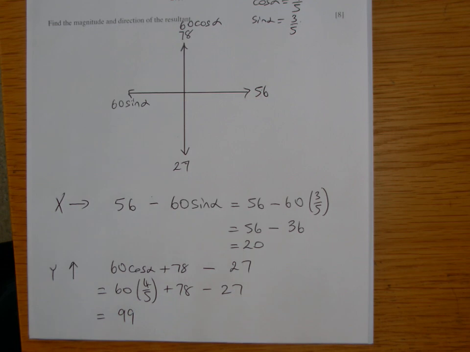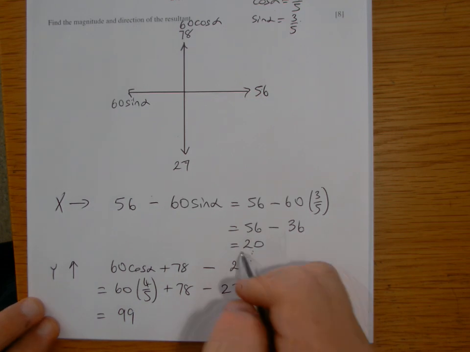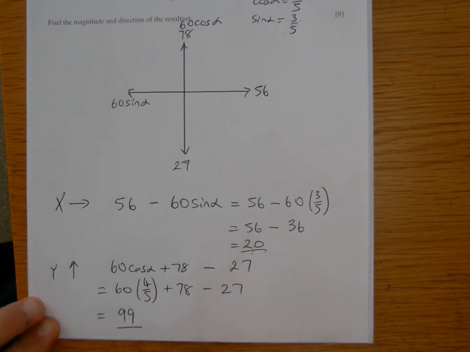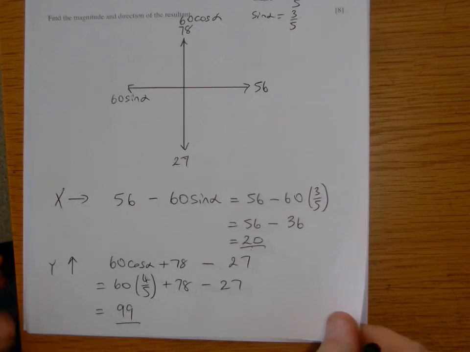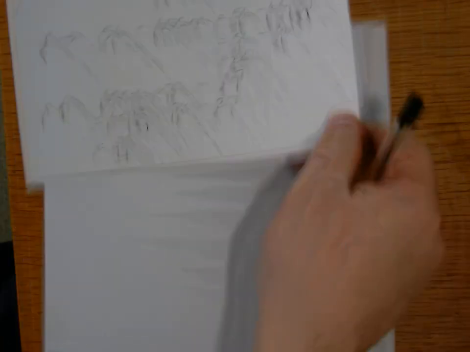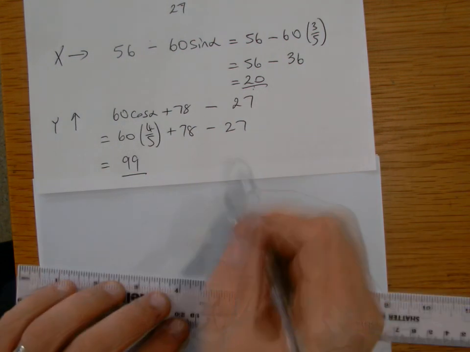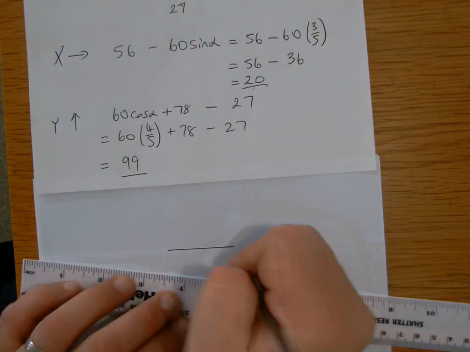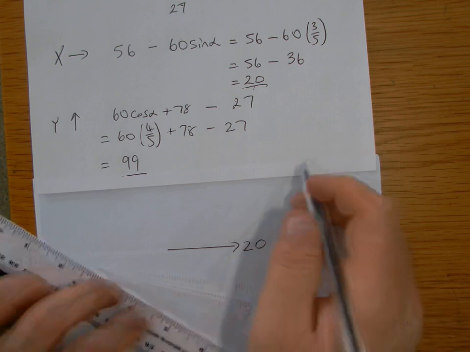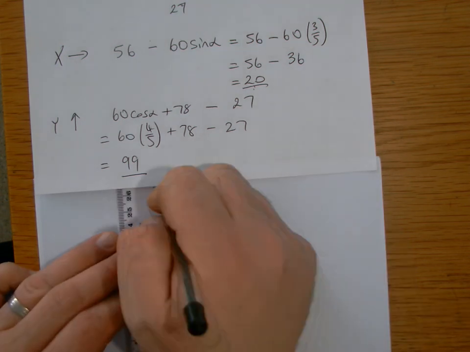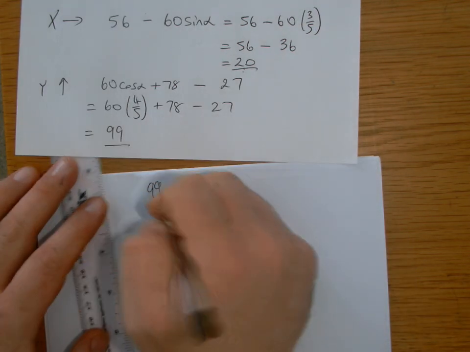In our x direction, the resulting force is 20. In the y direction, the resultant force is 99. We can then combine these to consider the overall resultant effect. In the x direction, we've got 20 going this way. In the y direction, we've got a much bigger force of 99 going that way.